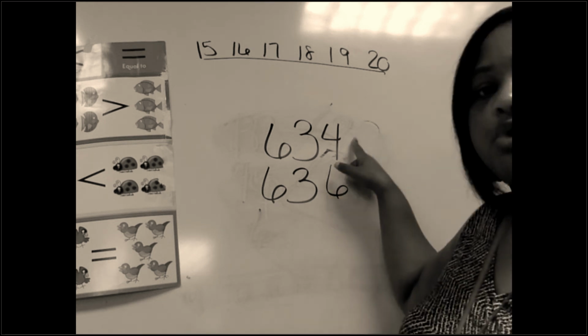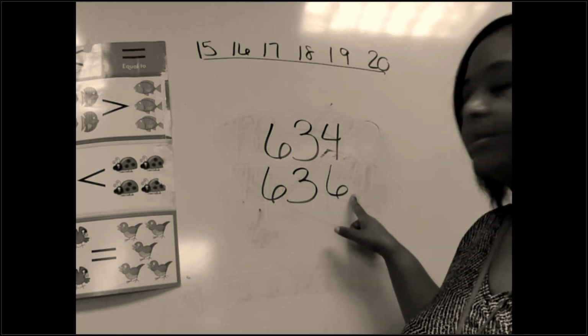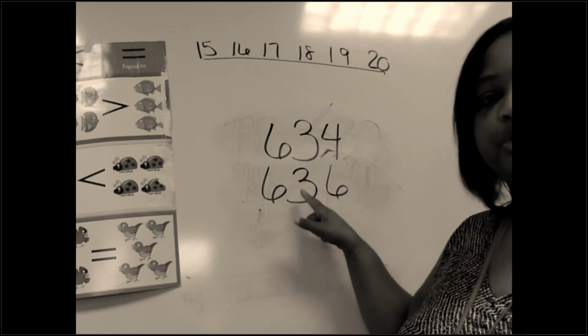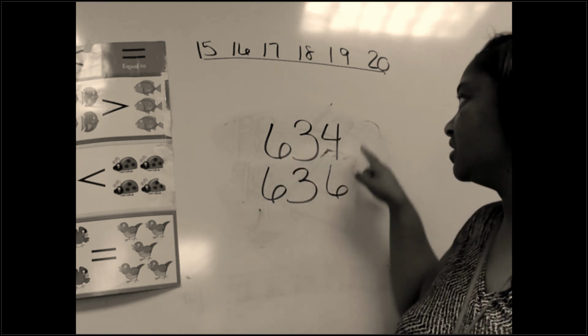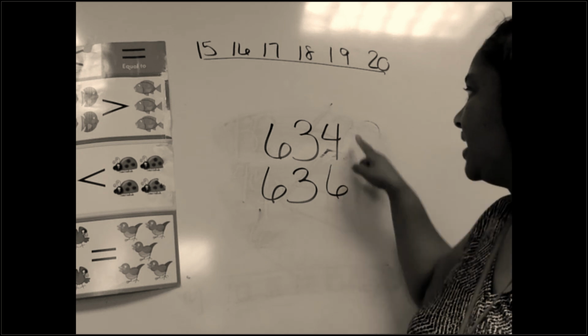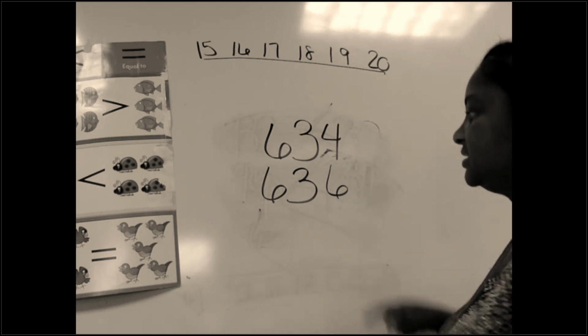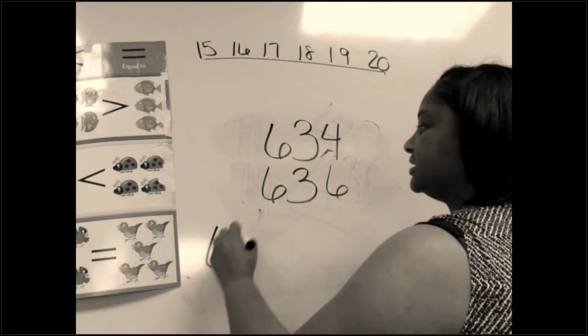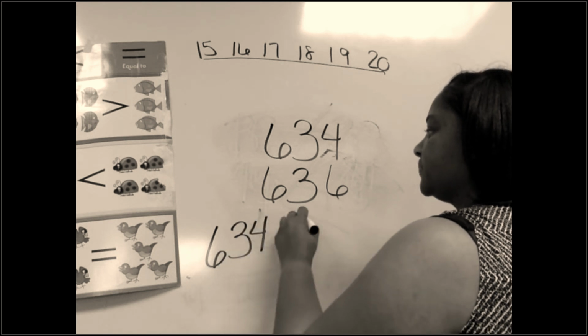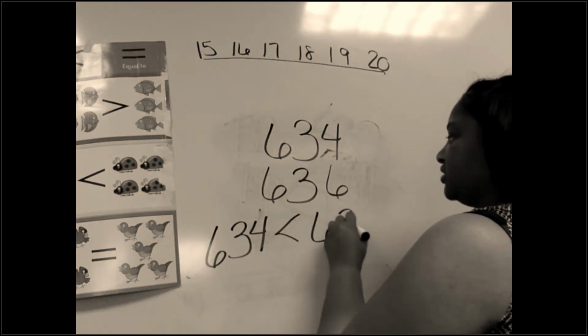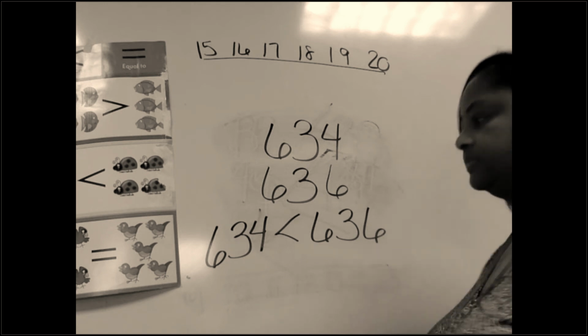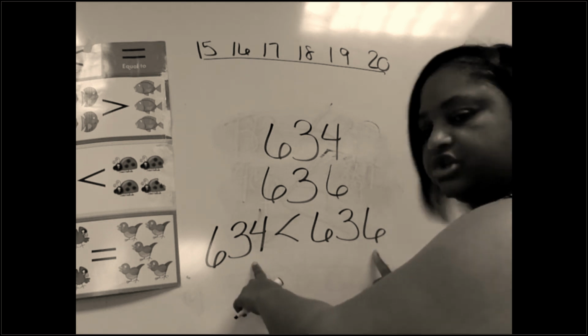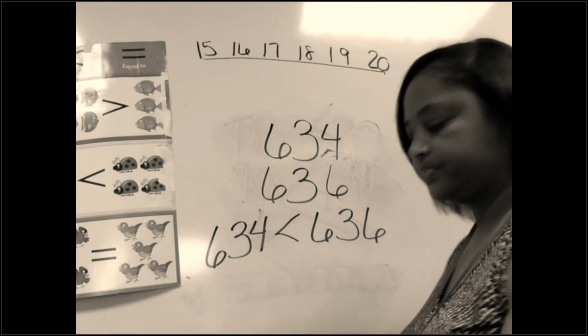Here I have a 4 and a 6. All right, here I have a 3 and a 3, a 6 and a 6. So I'm looking at my first digit. I see that 4 is smaller than 6. So when I'm writing my number, it's 634 is less than 636. Because what you're looking at is your two end numbers.